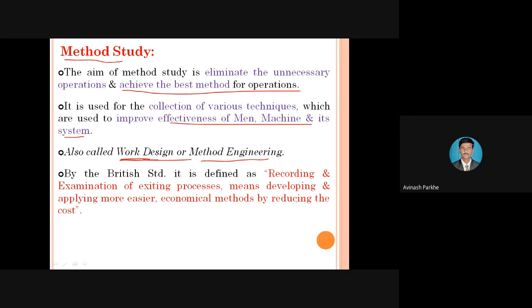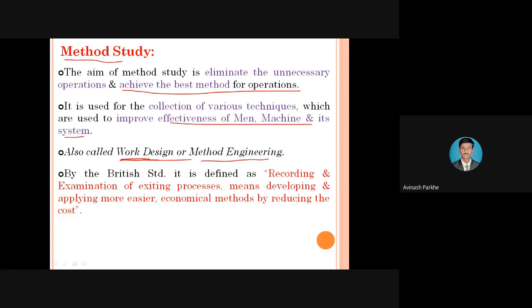If your existing manufacturing process takes 10 hours, at that time the cost is also more. But after the modification, if your raw material is converted in 8 hours only, then 2 hours get reduced, and your manufacturing cost or production cost also goes on decreasing.